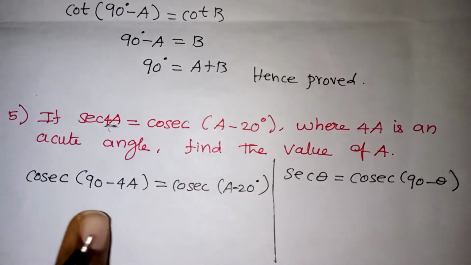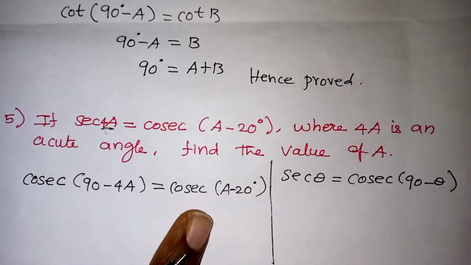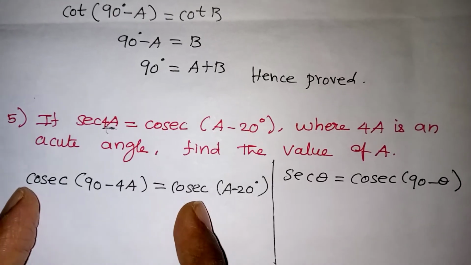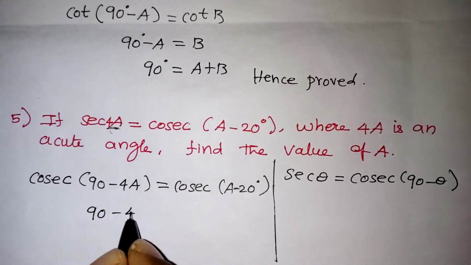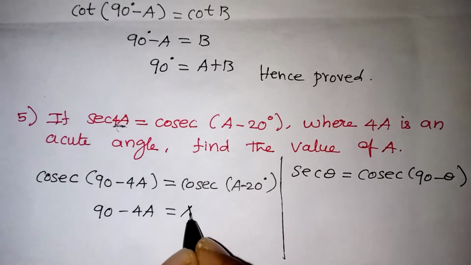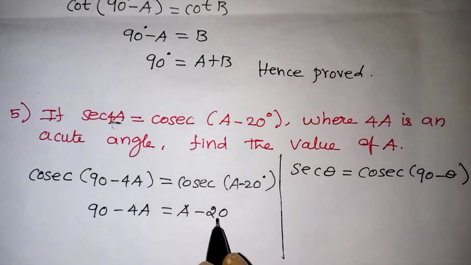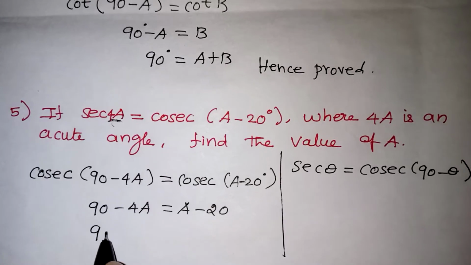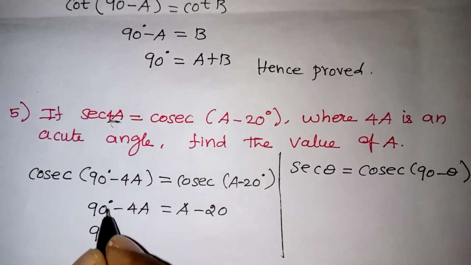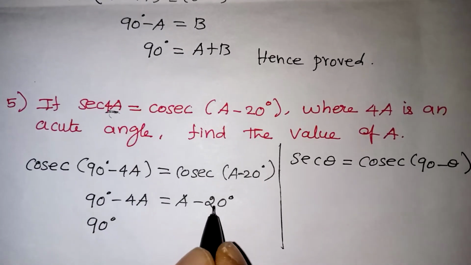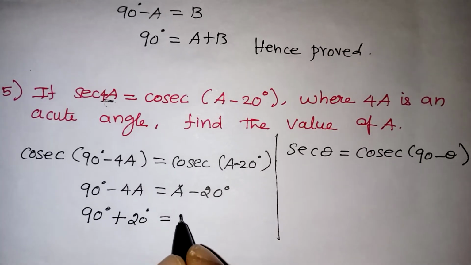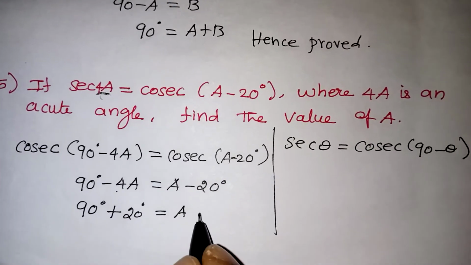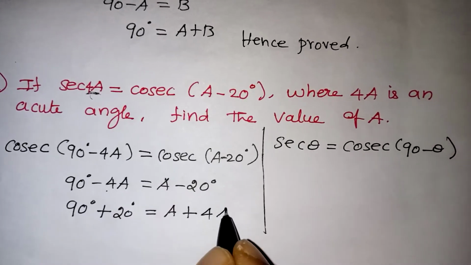Now both sides have cosecant angles. Since cosecant are same, the angles also will be equal. So 90 minus 4a can be equated to a minus 20. So bring the numbers to one side and variables to another side. So 90 degrees minus 20 degrees, if you bring it to this side, that will become plus 20 degrees, which is equal to, here we have the a, that minus 4a, if you take it to the other side, it will become plus 4a.